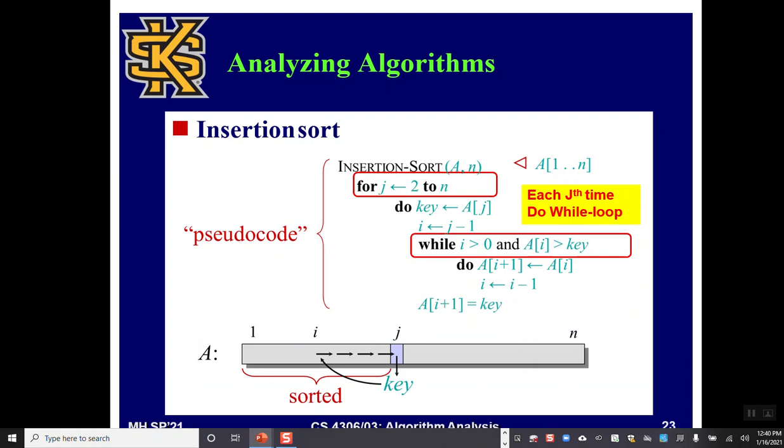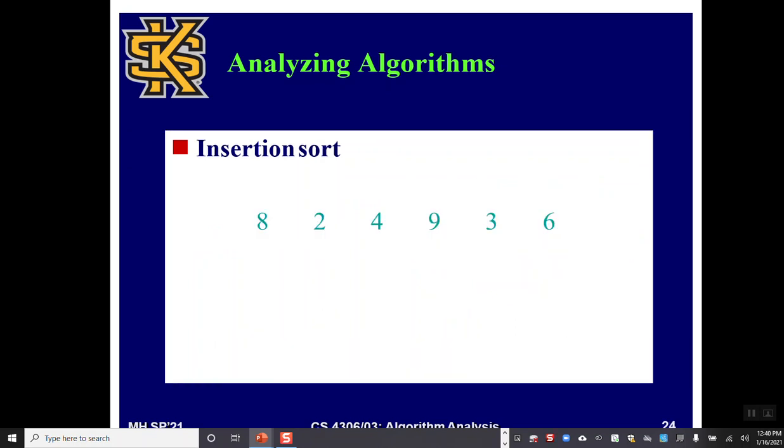In this sorting process, we see at least a for loop and a while condition. As we go through this slide, there is an example of how the insertion sort algorithm works.